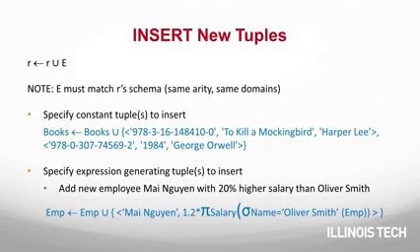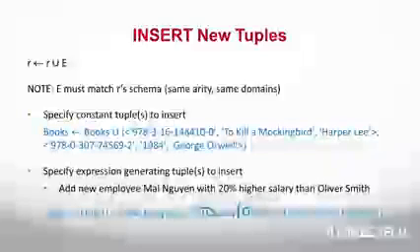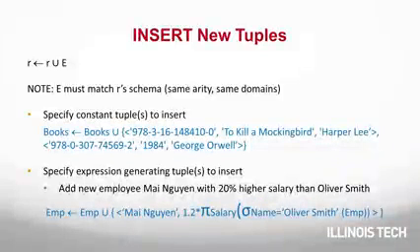Slightly artificial example, but suppose we wanted to do that. We could say, well, the employee relation is reassigned to be the employee relation union a set with a new tuple, May Wen, with a salary of 1.2 times the projection down to salary of selecting the employee with the name Oliver Smith.